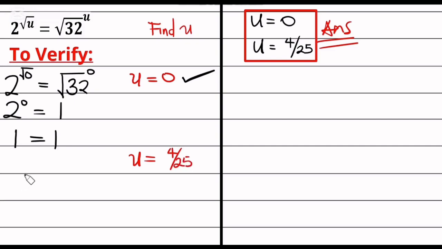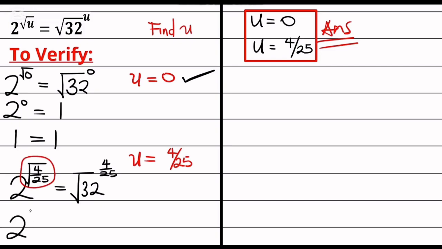Doing the same thing as the previous one, we're going to have 2 raised to the power of the square root of 4 over 25. Everything under the square root equals the square root of 32 raised to the power of 4 over 25. Looking at this, according to the rule, this is going to split. So we have 2 raised to the power of the square root of 4 over the square root of 25.